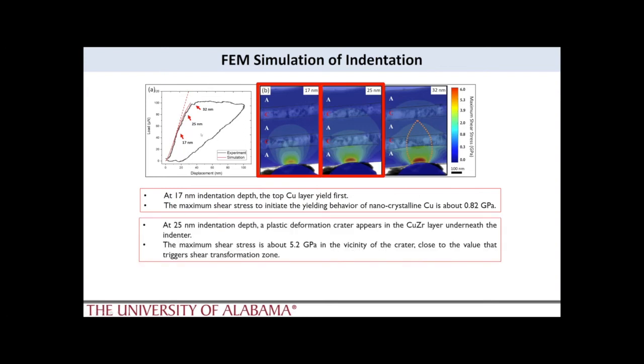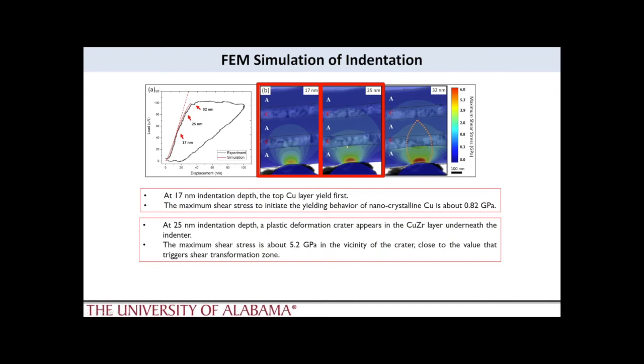Then we get to an indentation of 25 nanometers. And at this point, we're starting to see a crater in the sample. We're not able to actually see shear transformation zones because of all the contrast in the bright field images, but we're able to understand from the modeling that this behavior is now initiated.